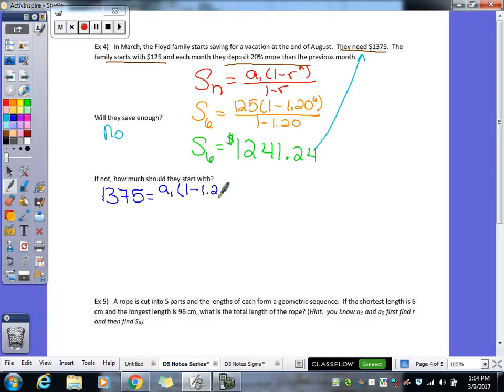Still 1 minus 1.20. So there are lots of different ways we could figure out our answer from here. So I'm going to let you guys just kind of go with it and see if you can get it.